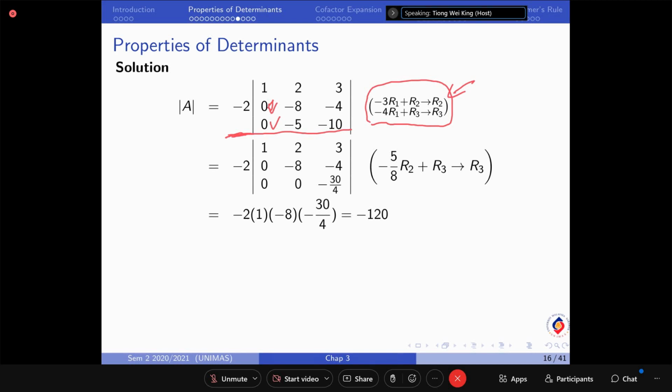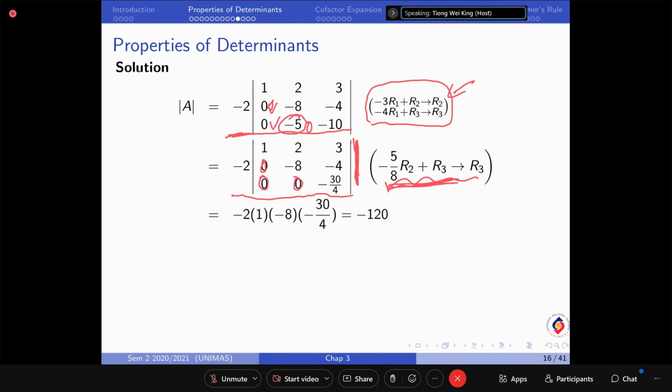Now after that, I want to make this 0. So that's why I have another row operation like this. And again, when you apply this type of row operation, no change to the determinant value. It's still the same. So at the end, this is our triangular matrix. You have 0 here, 0 here, 0 here.